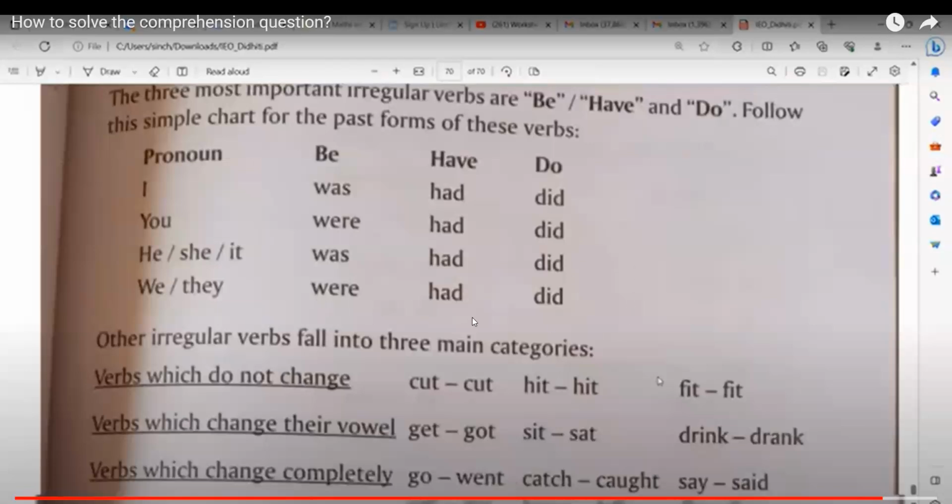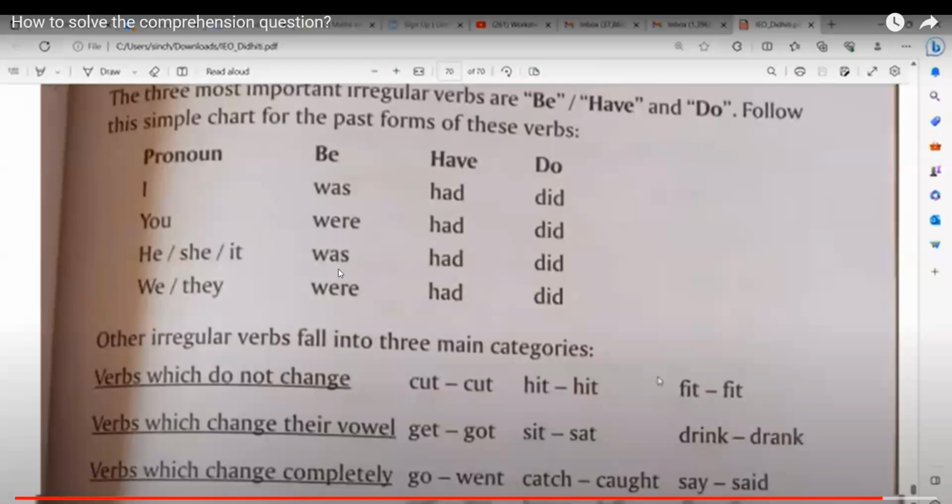Okay. Now, where was I? It was a red pencil box on the table. Very good, Rajdeep. Okay. Now, Shivam, can you give me an example with it and was? It was a sunny day when we were at the beach.